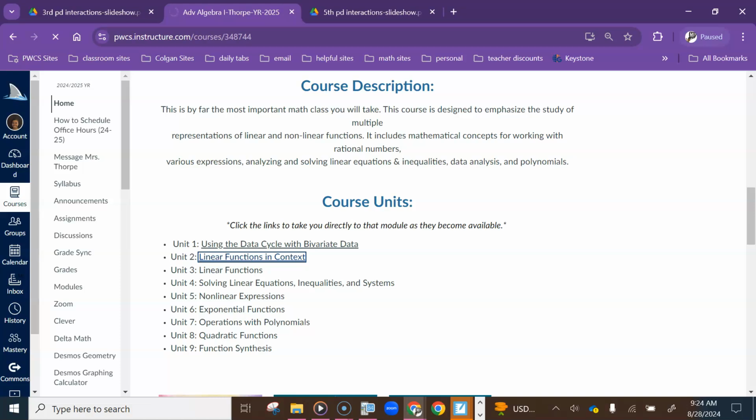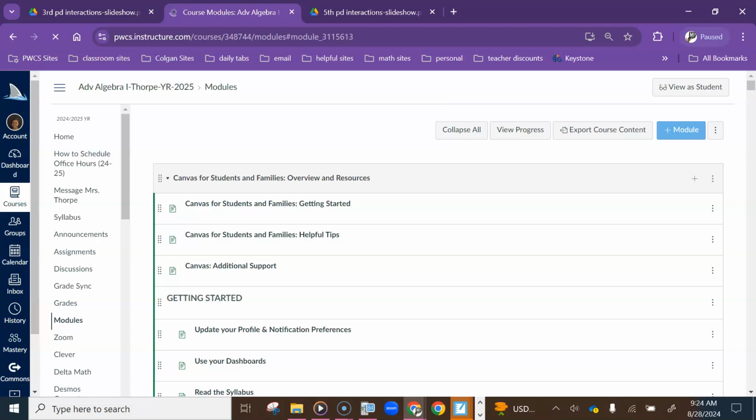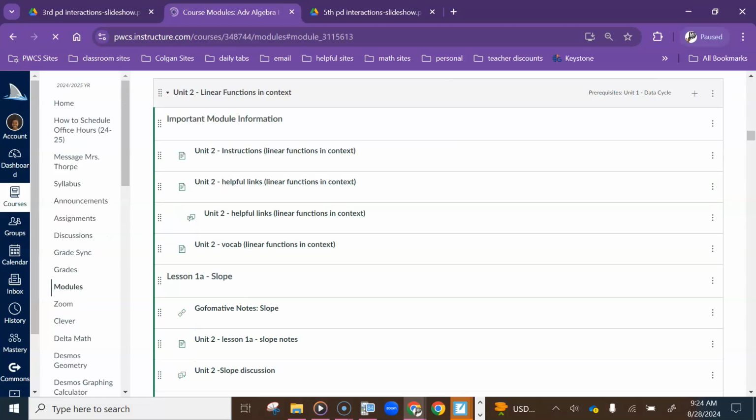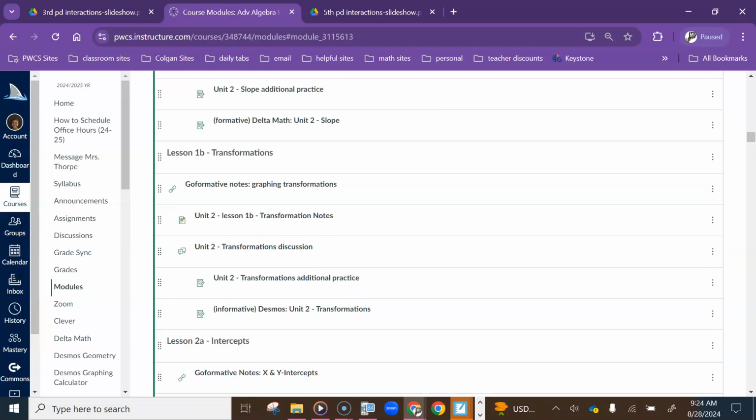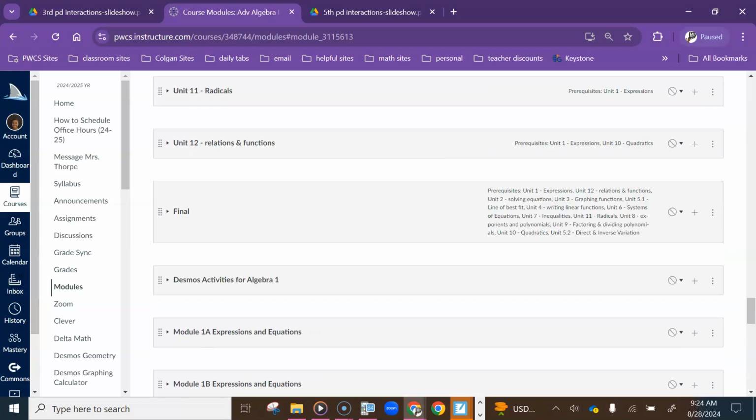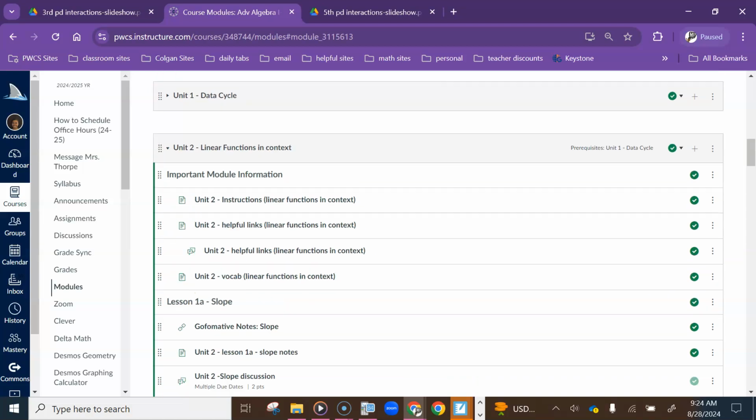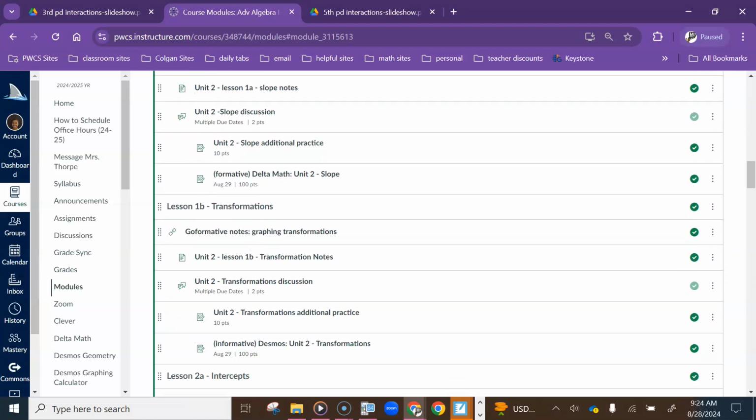Once the slide loads. There we go. You're going to go into lesson 1B, where it says transformations. But you're going to go to the transformation notes. So unit 2, lesson 1B, transformation notes. Go into that.